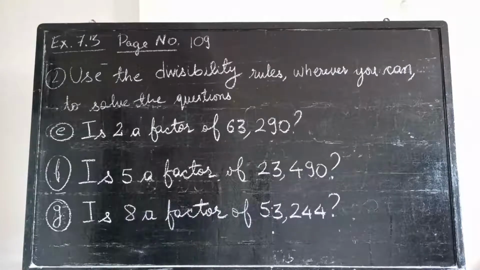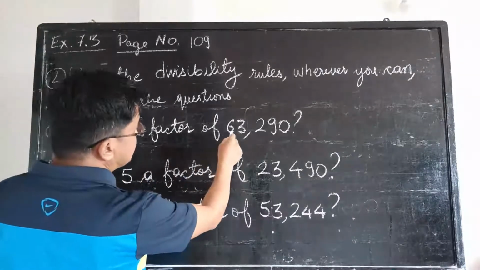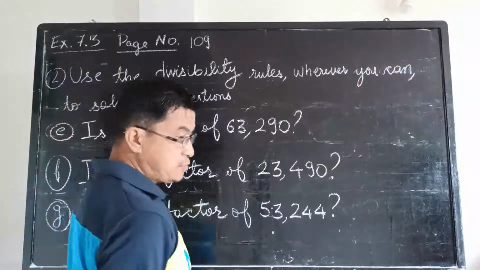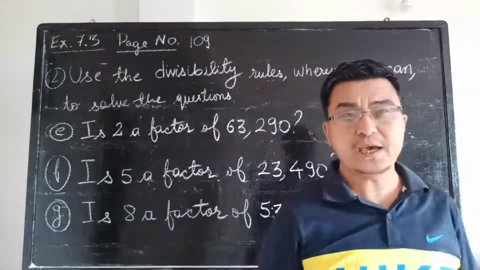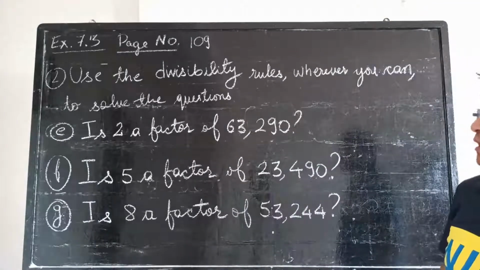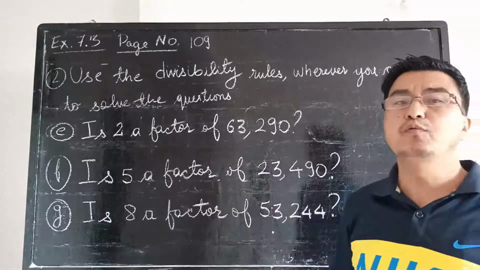Now look at E. Is 2 a factor of 63,290? In the divisibility test of 2 we learned that 2 can divide a number if the last digit is 0, 2, 4, 6, 8.